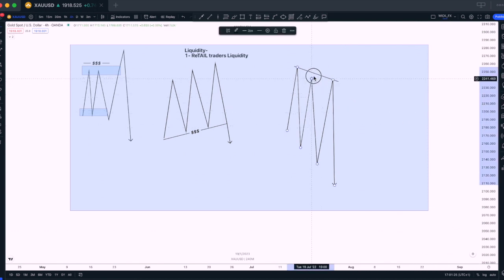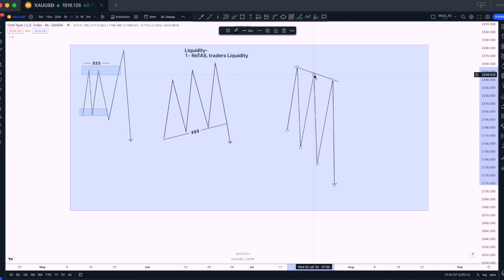Now the third type of retail liquidity is all the patterns which you see. These are all bullshit patterns, like flags and breakout structure strategy. No, that's not how it's going to be. When you are using something as a fixed trading plan to make the market align with your analysis, you have to think differently.